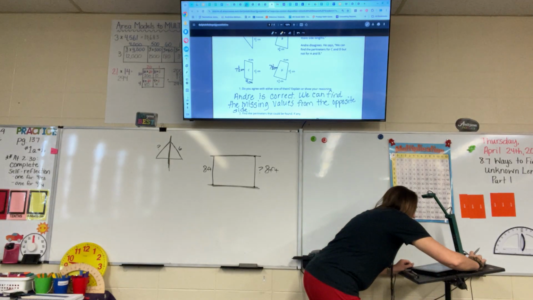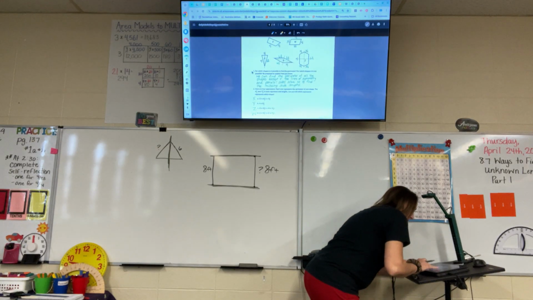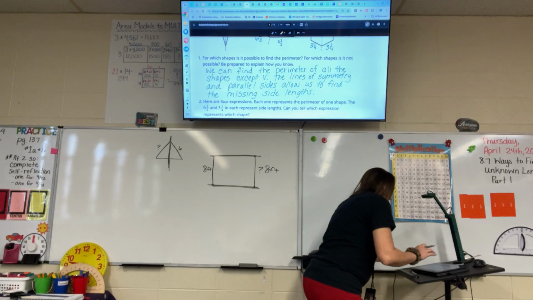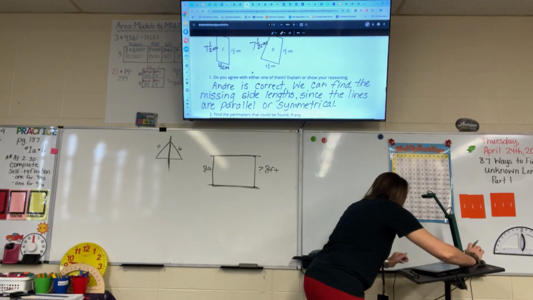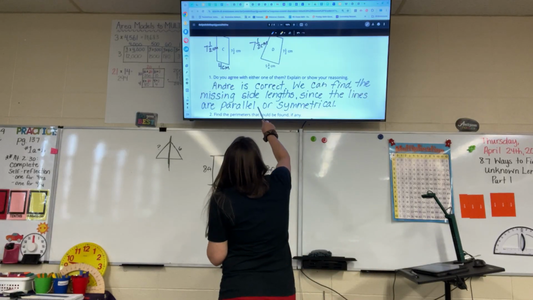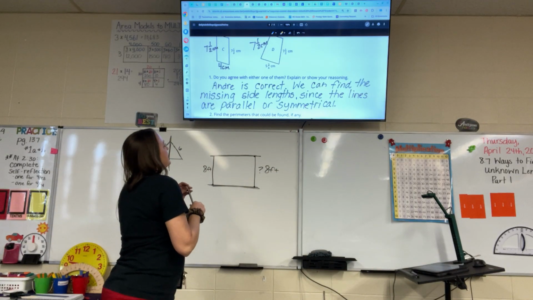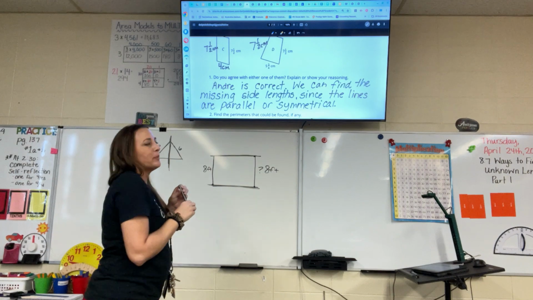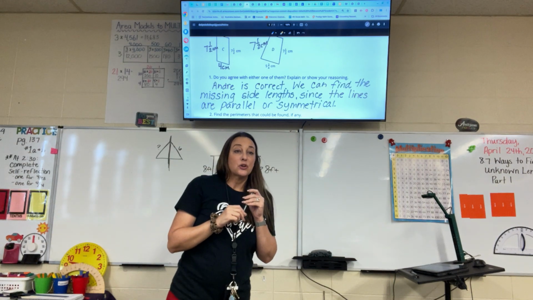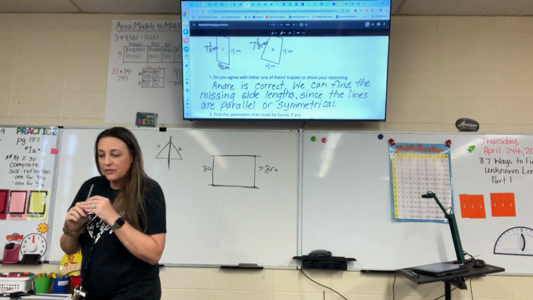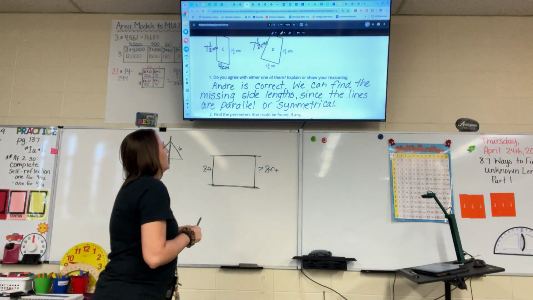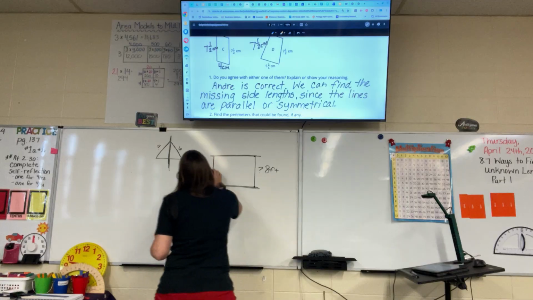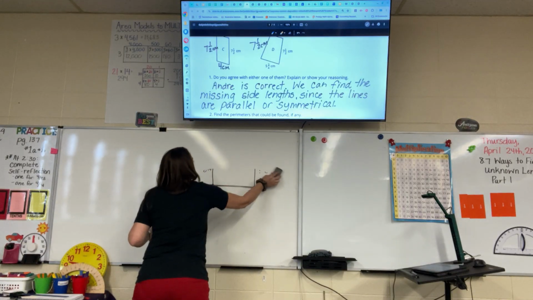Write that down. Andre is correct. We can find the missing side lengths since the lines are parallel or symmetrical. So copy that down. There's not a whole lot of writing today, but this is one of the spots.